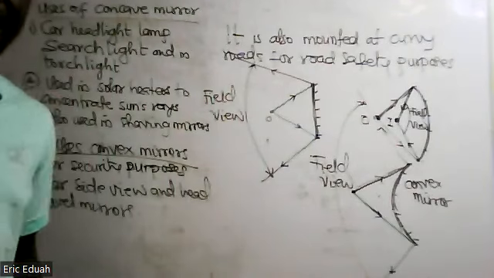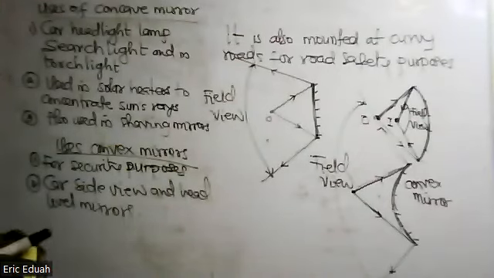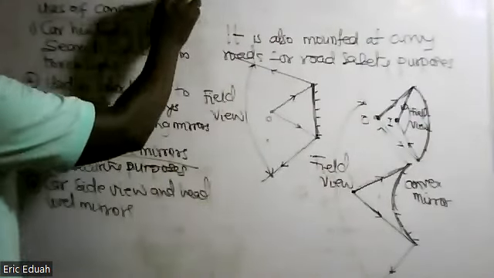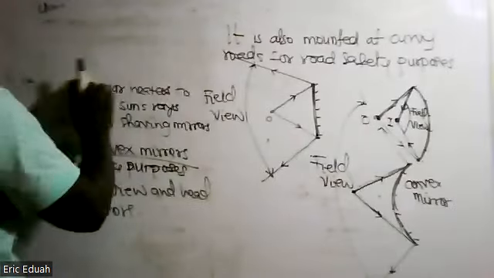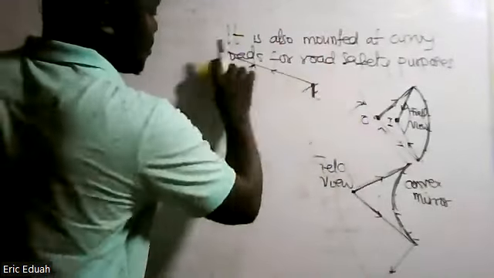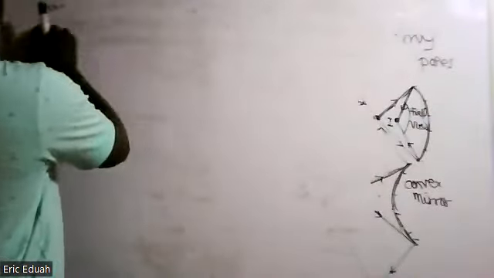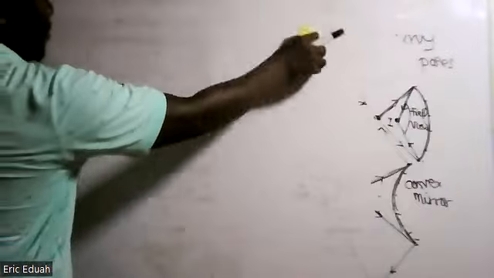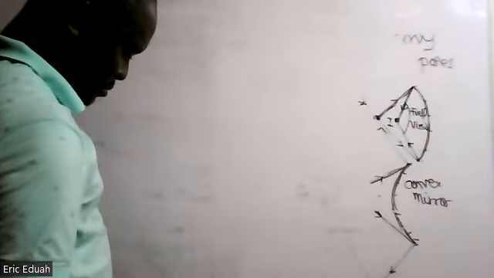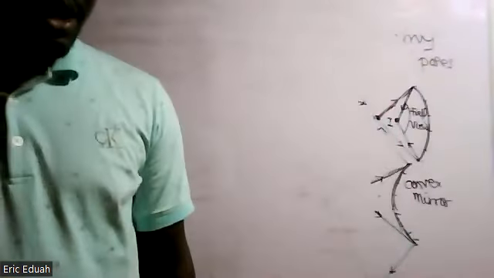Okay, so let's look at image formation in spherical mirrors. What happens to the object before it is inverted in a concave mirror? Nothing happens.